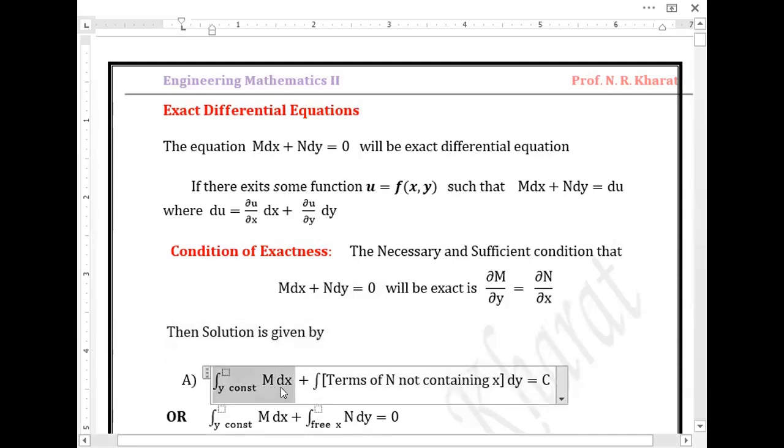If M is a function of x and y, we integrate M with respect to the x variable only, while keeping y constant.